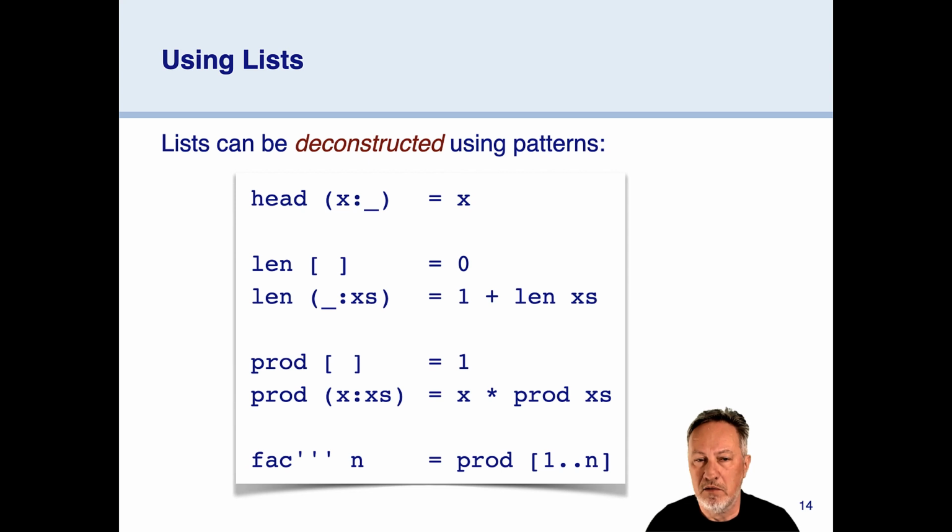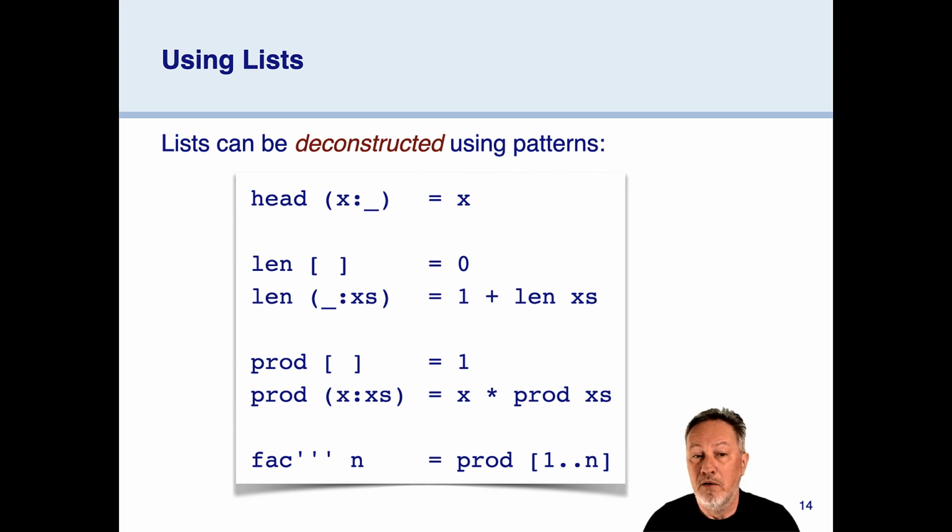So here, to do something with a list, you need to take it apart using the constructor as a pattern. So what's the constructor for the list? Well, the constructors are only two. One constructor is the empty list, and the other is head colon tail of list. So to take it apart, you use those same constructors as patterns.